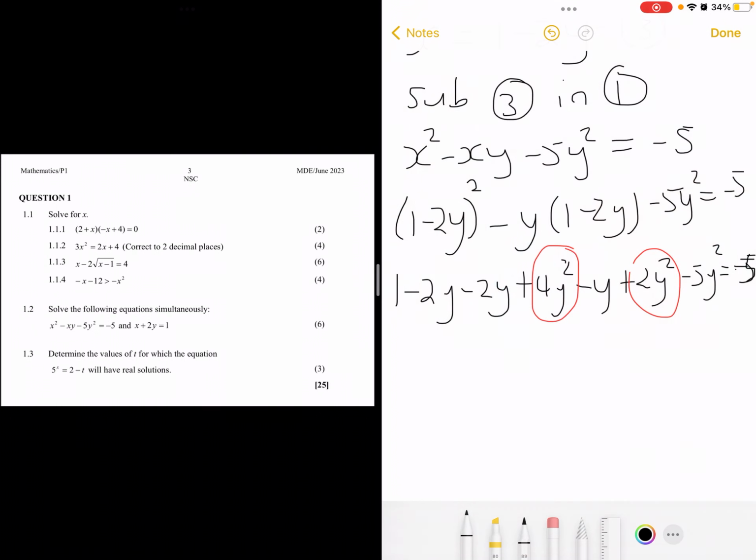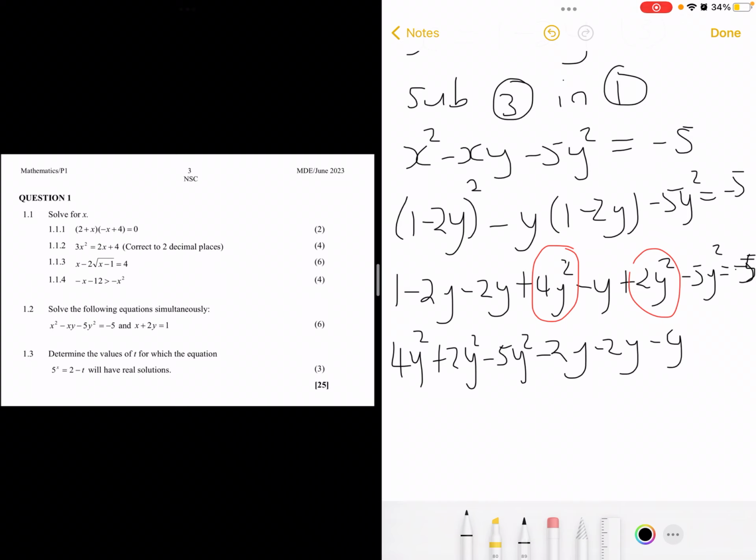So I'll start with 4y squared plus 2y squared minus 5y squared. Then I'm done with the ones of second degree, which is the ones that contain a square, and then it's a minus 2y minus 2y and a minus y.